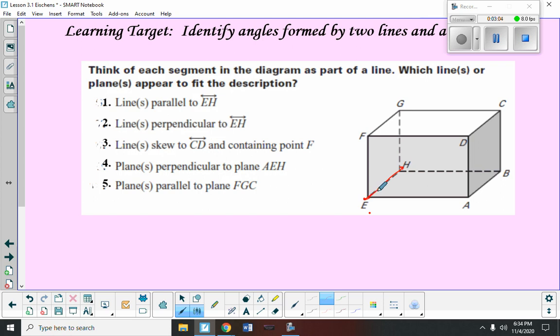Well, remember, lines that are parallel will never touch, and they're on the same plane. So this bottom of the box here is a plane. These two will never touch, so these are parallel. So that would be line AB. This side of the box is a plane, and so line FG would be parallel to EH.